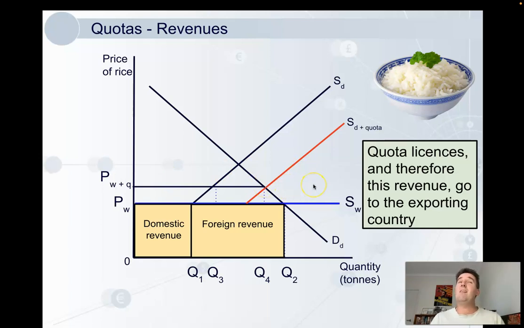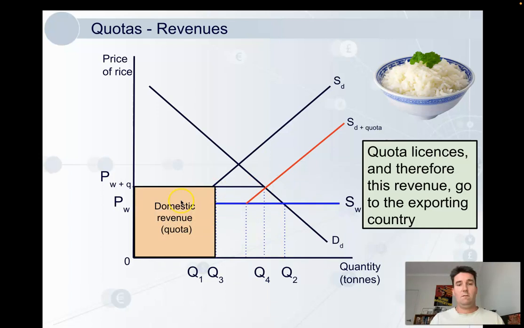Rather, governments hand out licenses for those who are allowed to import in. They are generally given to the exporting country, so domestic revenue increases, just like with tariffs, and then the foreign revenue is really this whole area, because they get to sell for the whole amount.